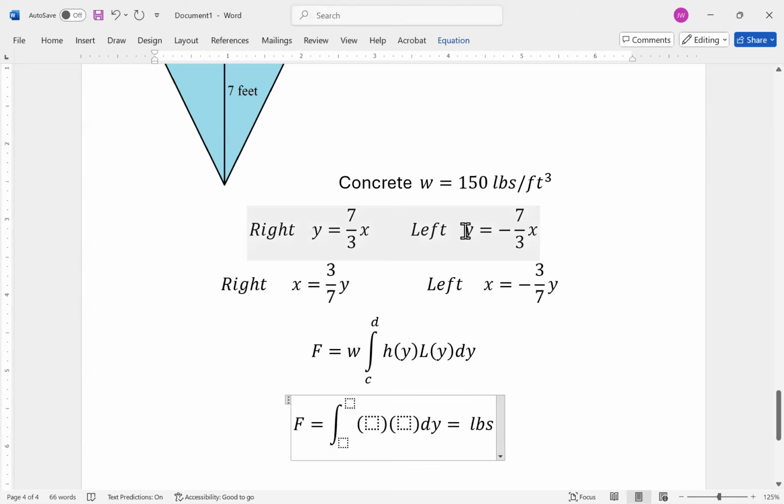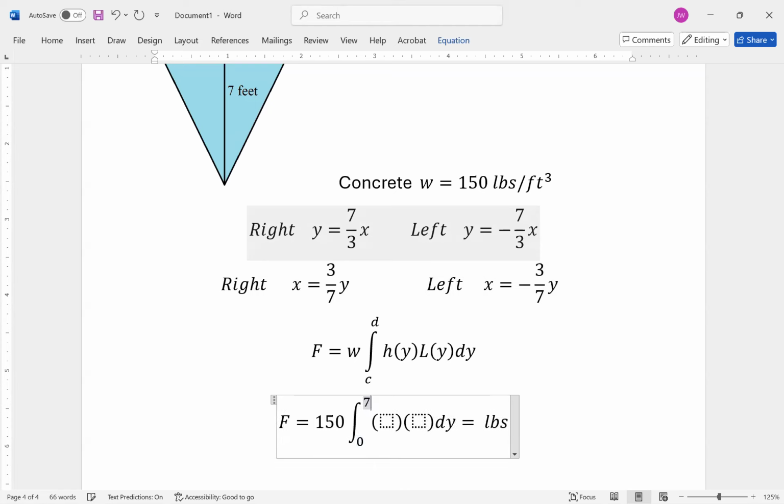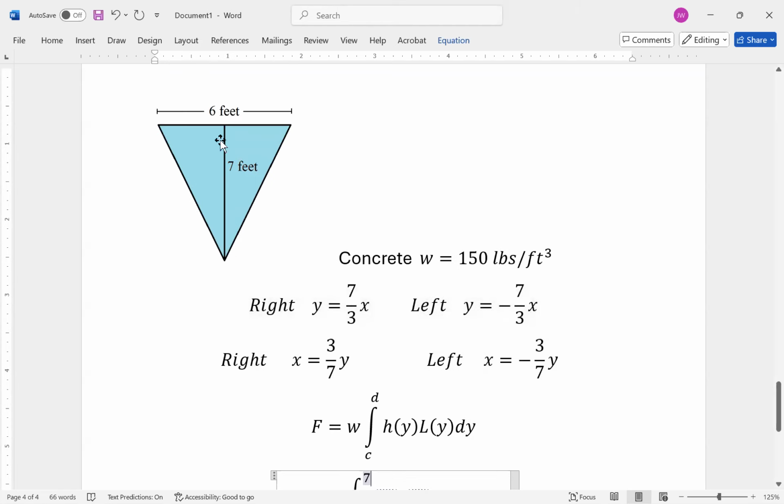So let's put all of that stuff in. Weight density, 150 pounds per cubic feet. We're going to be integrating from my origin all the way up to the top of the triangle, which is 7 feet above the origin.